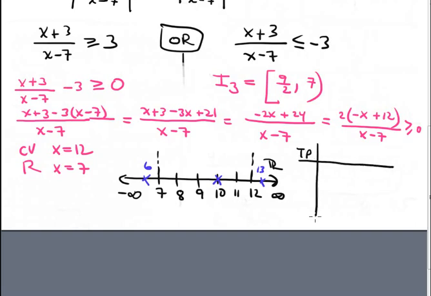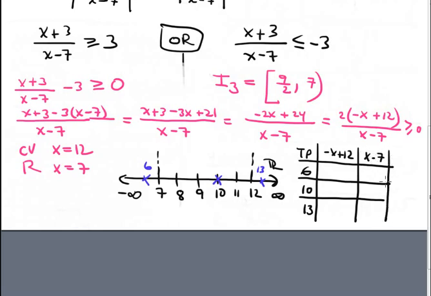The factors are minus x plus 12, x minus 7, and the total.